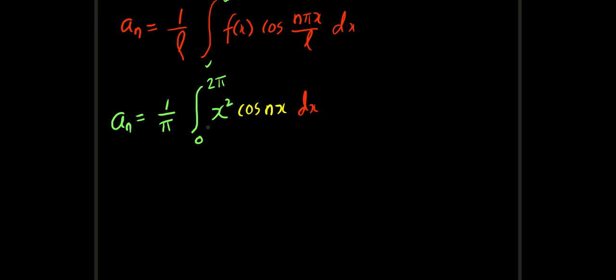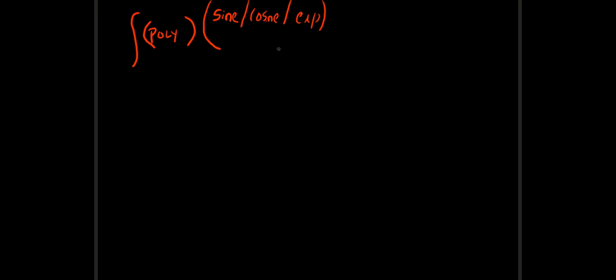Now look at this. You can apply integration by parts, but the best method available is Bernoulli's rule. You'll be facing tough integration in Fourier series, and whenever we have an integral of the first function being a polynomial, and then the second function being sine or cosine or exponential, the best available method is Bernoulli's rule.